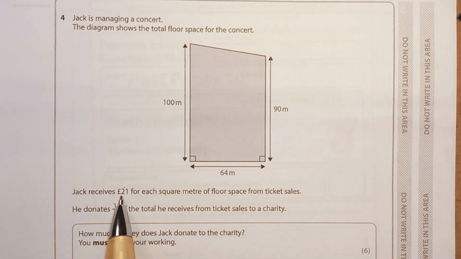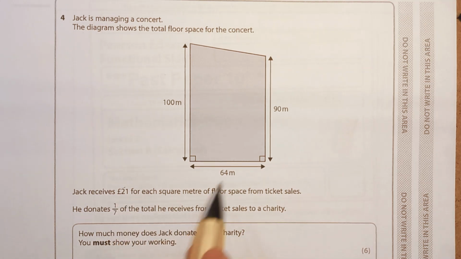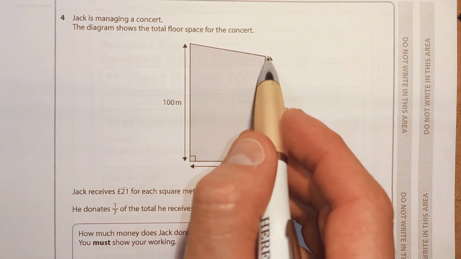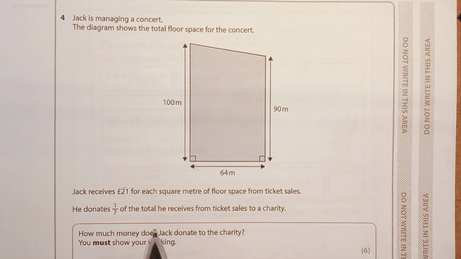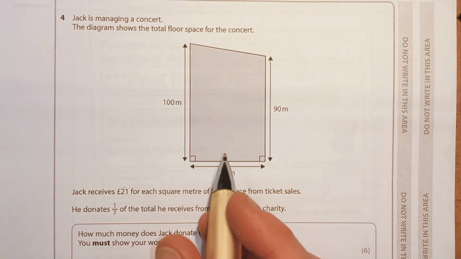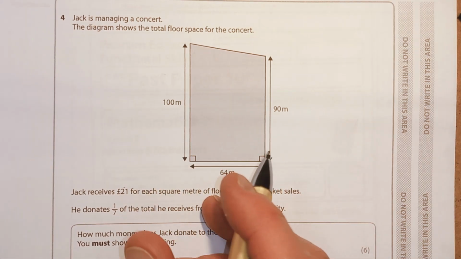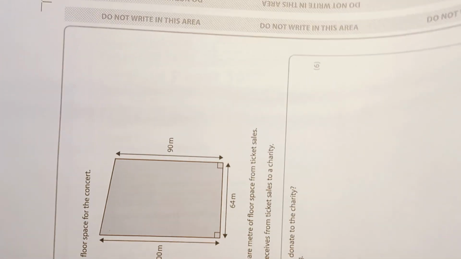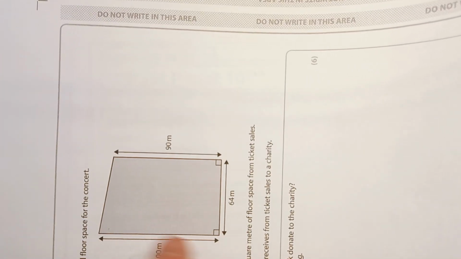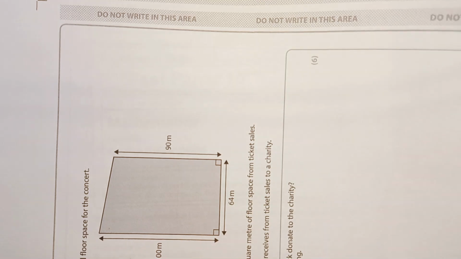Right. Well, if he's getting £21 for each square metre, we need to work out what the area of this is. Now, you could draw a line here and split it into a rectangle and a triangle, but you might look at this, you might even want to turn the page around and say, well, actually, when I look at it like this, it looks a bit more like a trapezium now. So I've got my set of parallel sides, it's a four-sided shape.